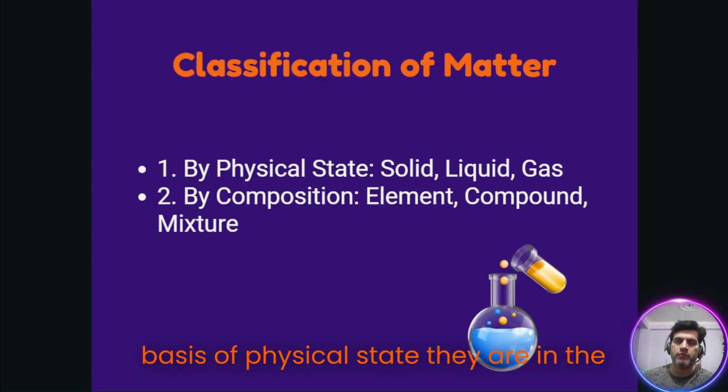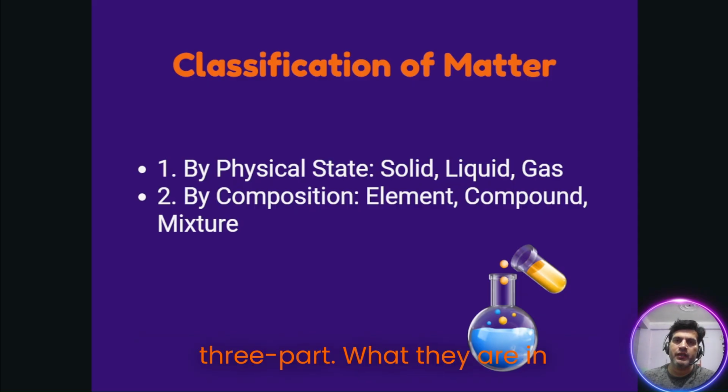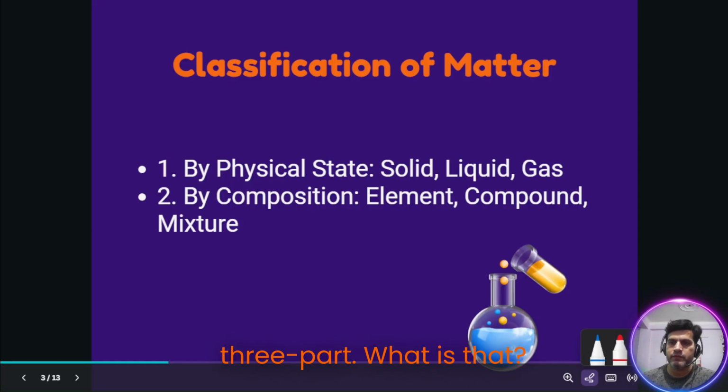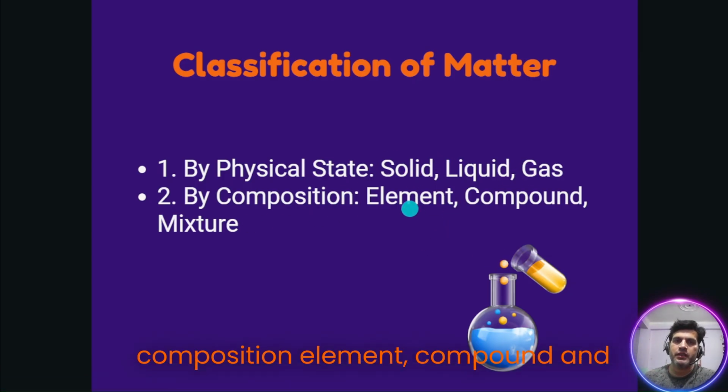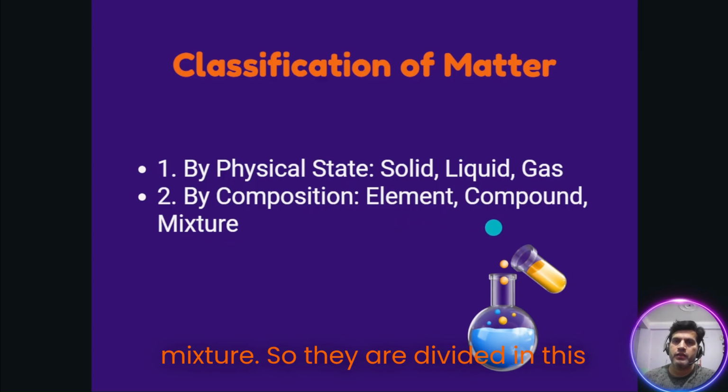On the basis of physical state, it is in three parts: solid, liquid, and gas. And by composition, element, compound, and mixture. So they are divided in this way. Okay.